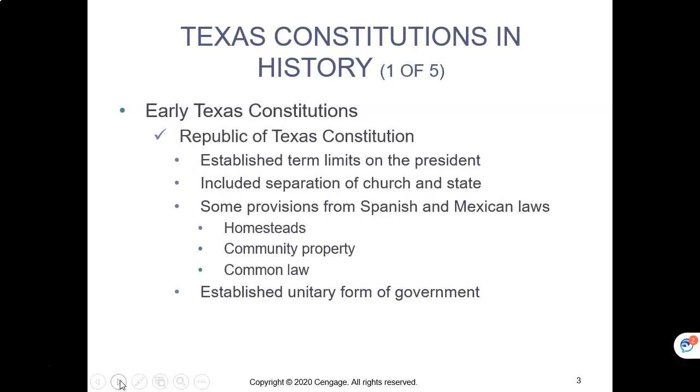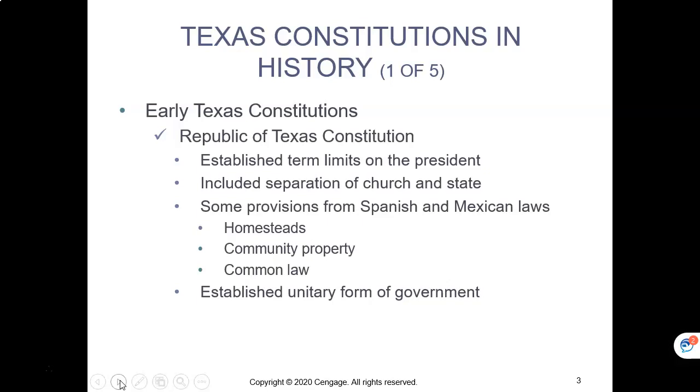So the book starts with the Constitution of the Republic of Texas that was adopted in 1836, immediately after Texas received independence from Mexico after the war that was discussed in detail in assignment 1.